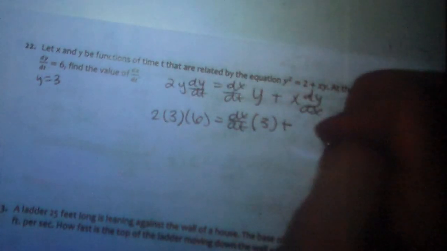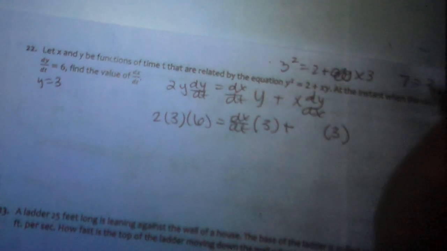And now we plug in 2, 3, dy/dt is 6 equals, looking for dx/dt, y is 3, plus we need x, and dy/dt is 3. So we need to find x, so plug in: 3 squared equals 2 plus 3x. 3 squared is 9, minus 2 is 7, equals 3x, so then divide by 3, so this is 7/3.